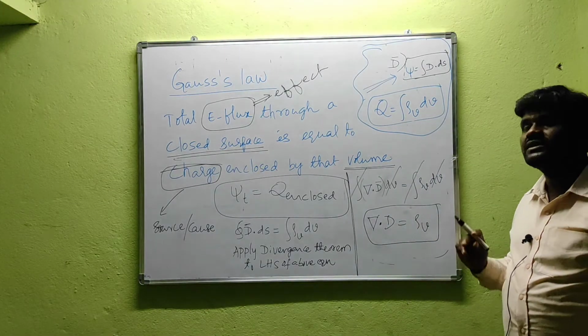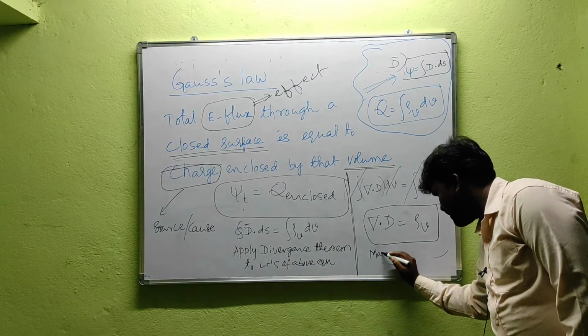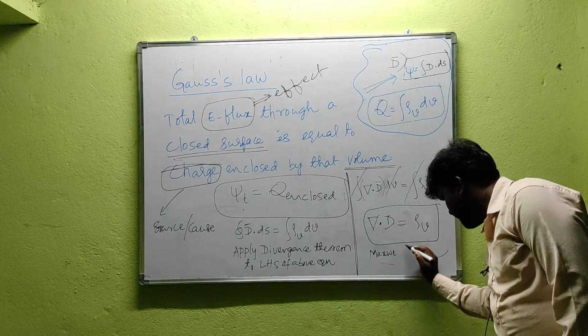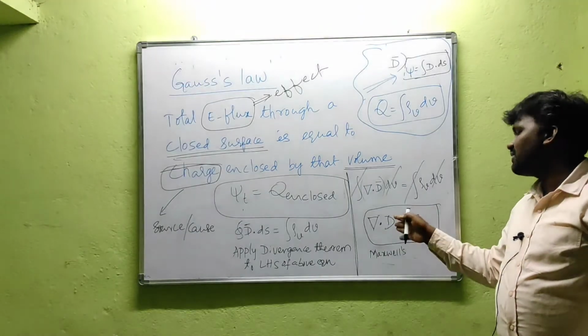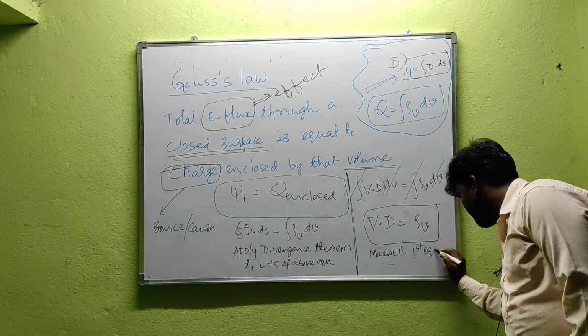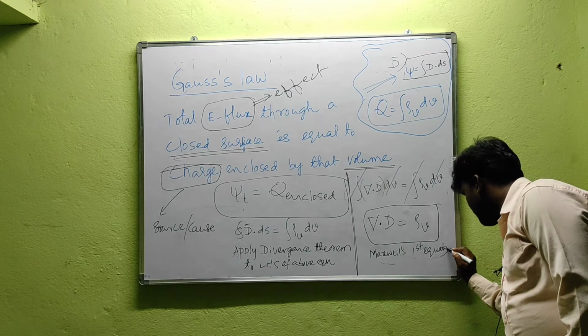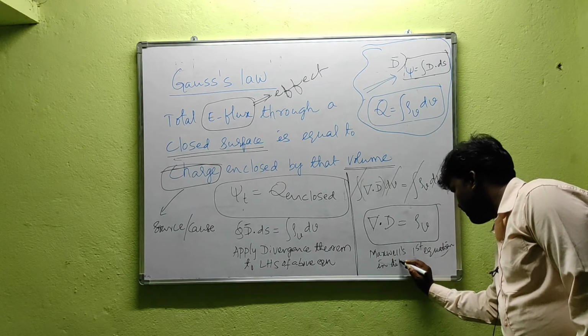This is the Maxwell's equation. Let us call it Maxwell's first equation, because we derived it first. It is Maxwell's first equation in differential form.